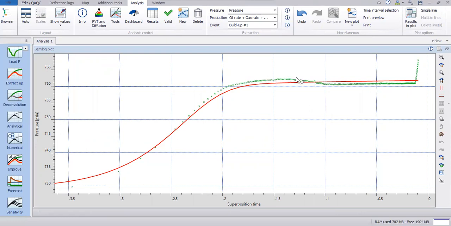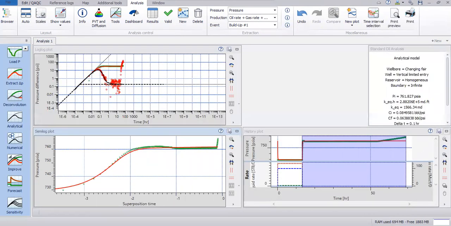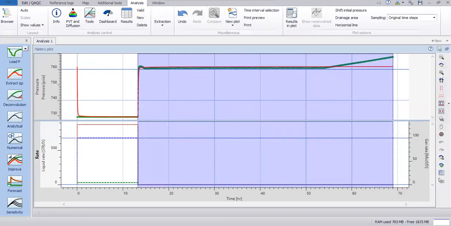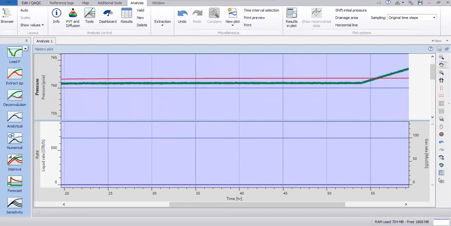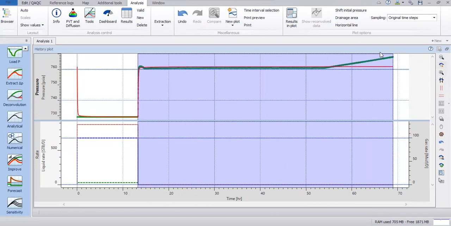Yeah, there is a hump, and this is not very good, but I think still reasonable. Yeah, this one again, we can neglect this.